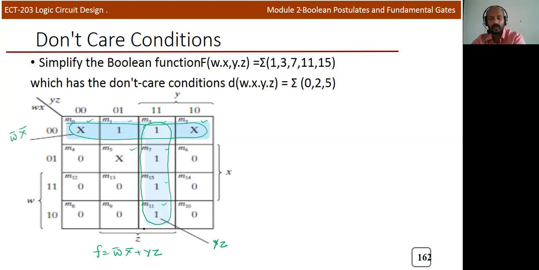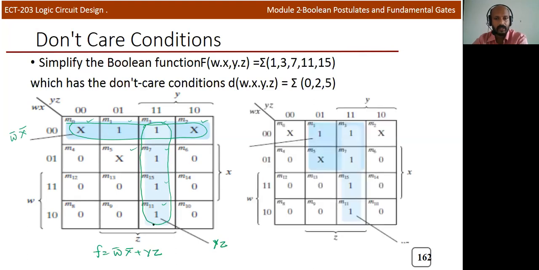So we got one representation. But this is not only case, we can consider one more case. Okay, the same problem, another way of grouping is also possible. So if you look at the same question, so instead of grouping row wise, you can consider a rectangle box. Okay, 1 1 x 1, this is also possible. So if you consider this particular group, here row wise the common factor is w bar, and column wise the common factor is z.